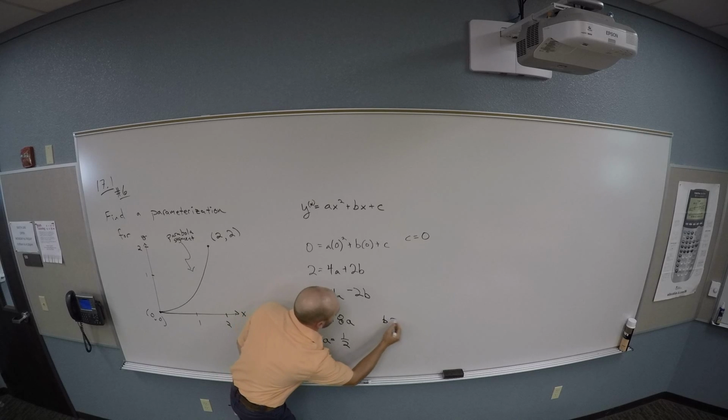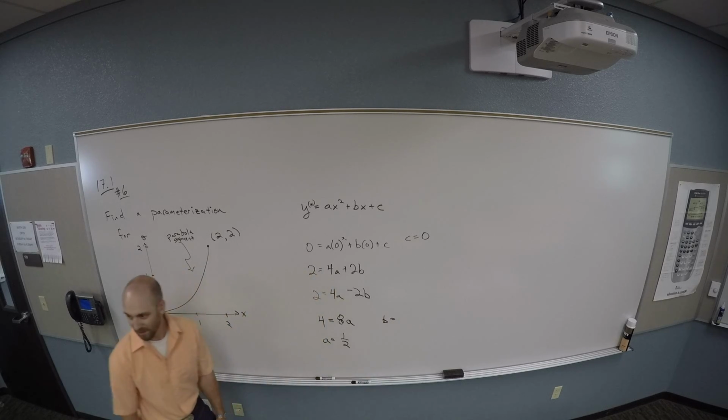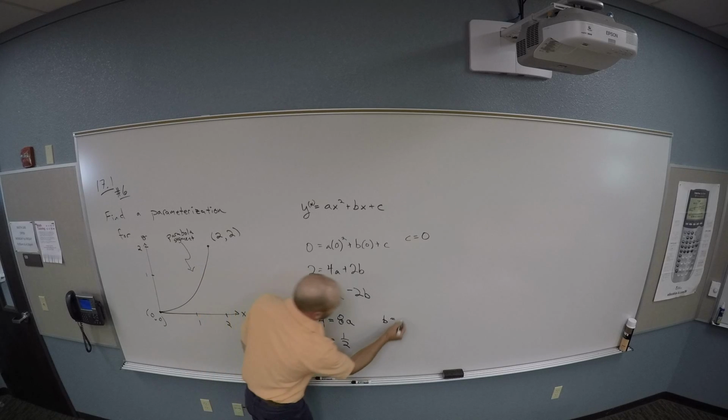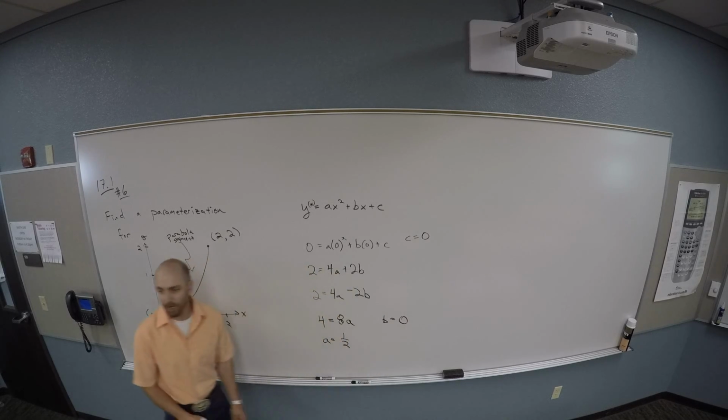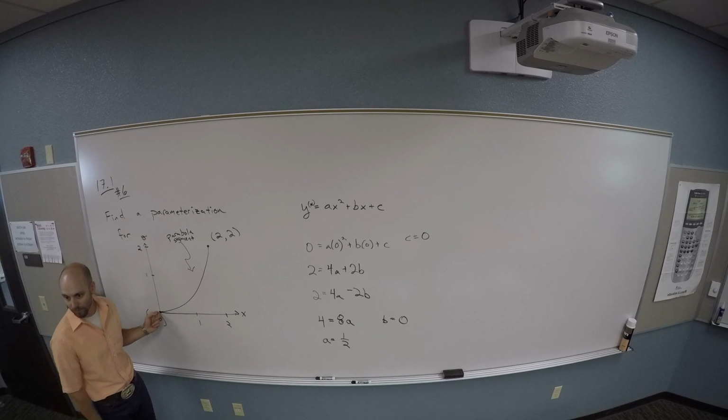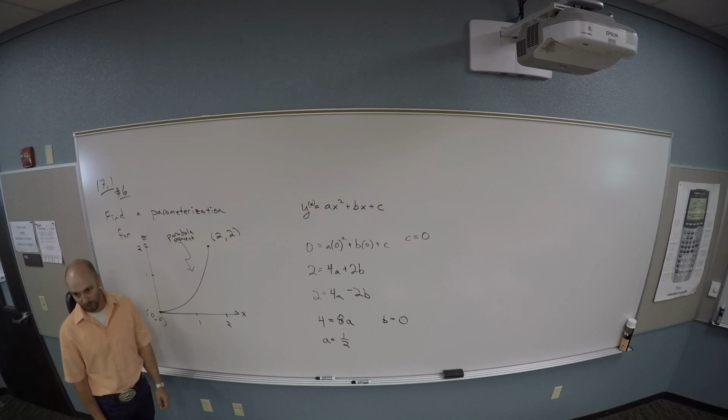And so b is 0, I think. Yes. I could have eyeballed that from assuming that 0, 0 is the vertex of the parabola, because I know it's not shifted sideways, right? That's really where that b would come from.